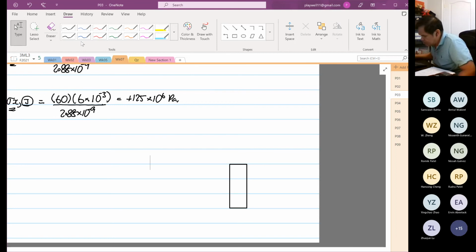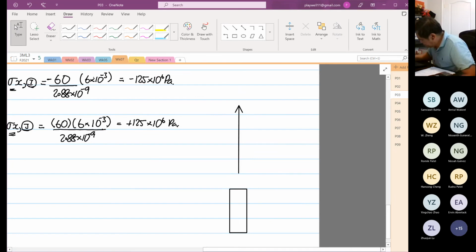I'm still going to draw our normal stress. This is our normal stress in the x direction, and the next axis is our z.